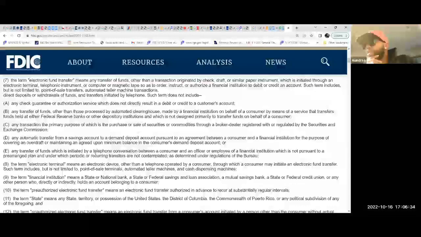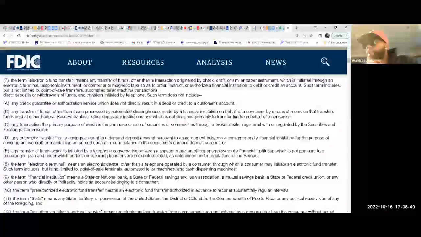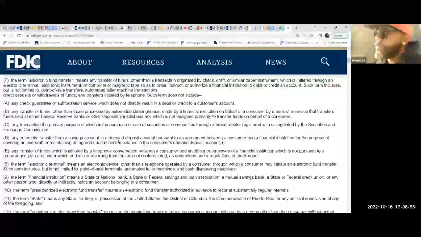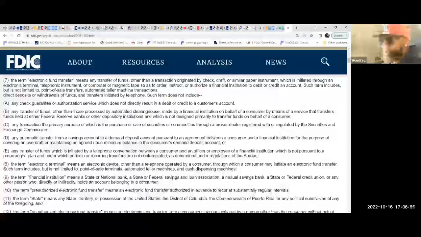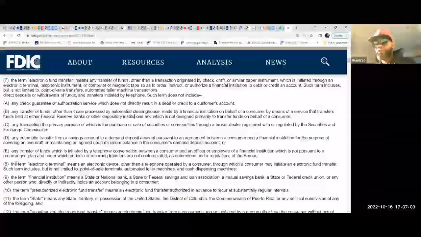You should be able to call them up and say, hey, I would like to make a one-time electronic funds transfer against my checking or my savings account, right? You can either tell them to use your checking or your savings account number and do the electronic funds transfer, or you can just tell them you want to use your debit card and do an electronic funds transfer. Either way, it works.